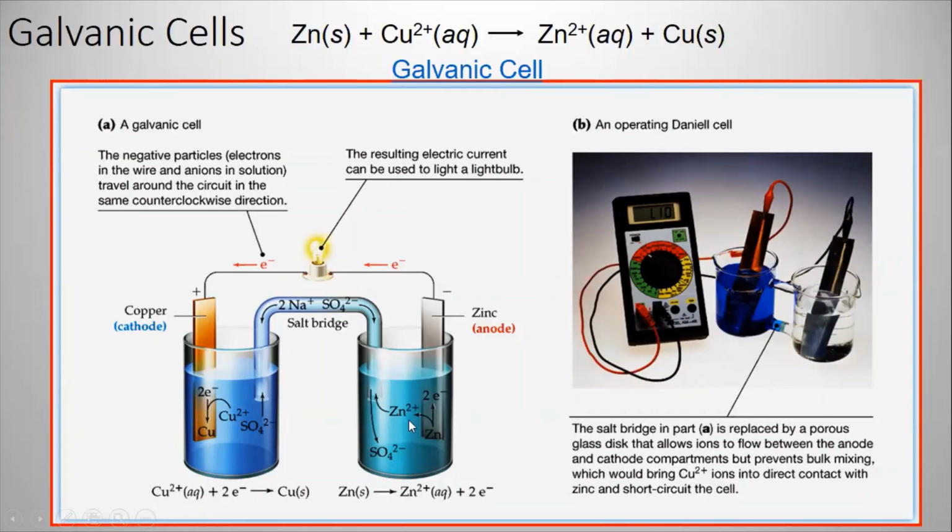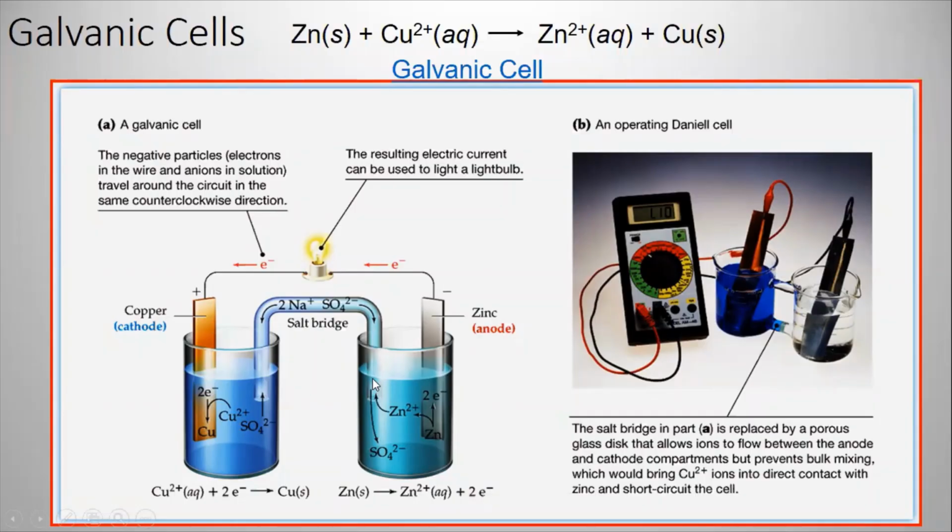You are dissolving the anode. As the process progresses over time, you're dissolving the zinc, so the anode is decreasing in mass. And at the cathode, you are putting more solid copper on the cathode. So the cathode is getting heavier and the anode is getting lighter.